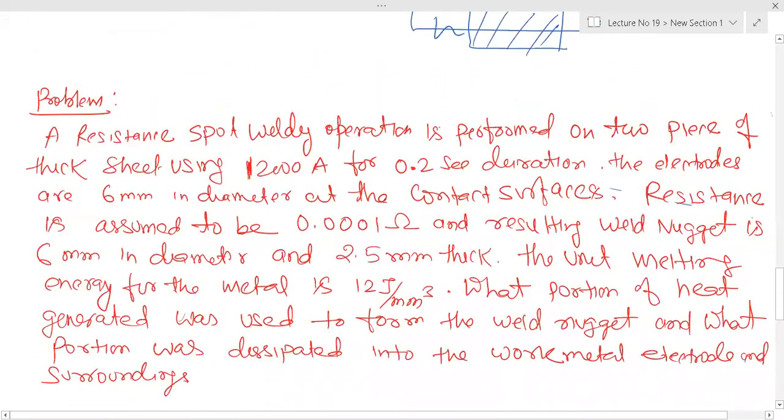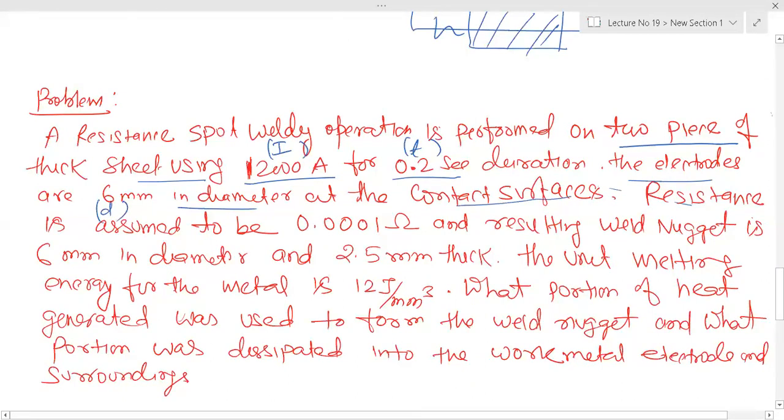A resistance spot welding operation is performed on two pieces of thick steel using 12,000 ampere for 0.2 seconds. So current is given and time is given. The electrode diameter is 6 mm.